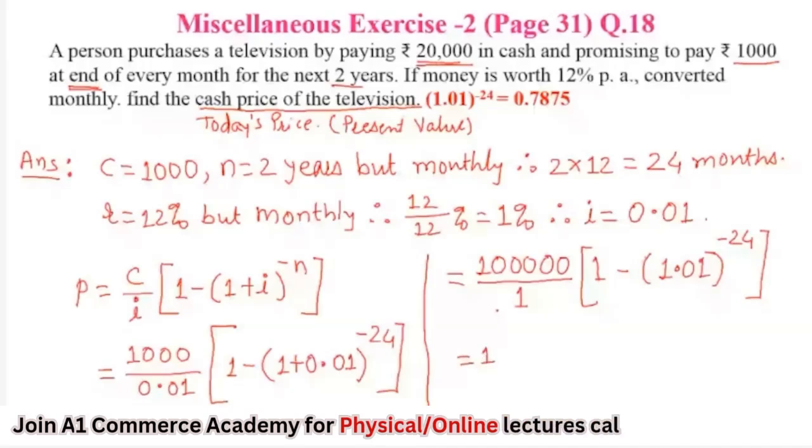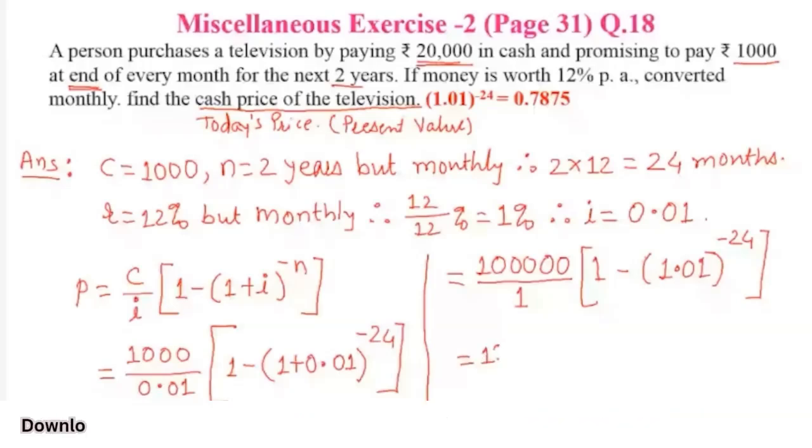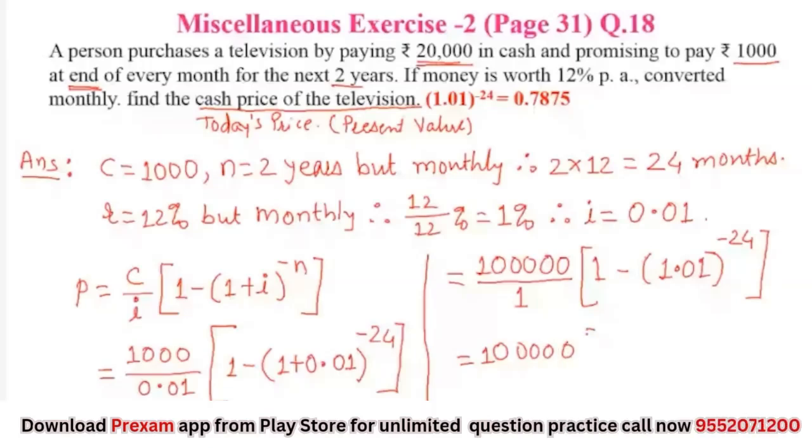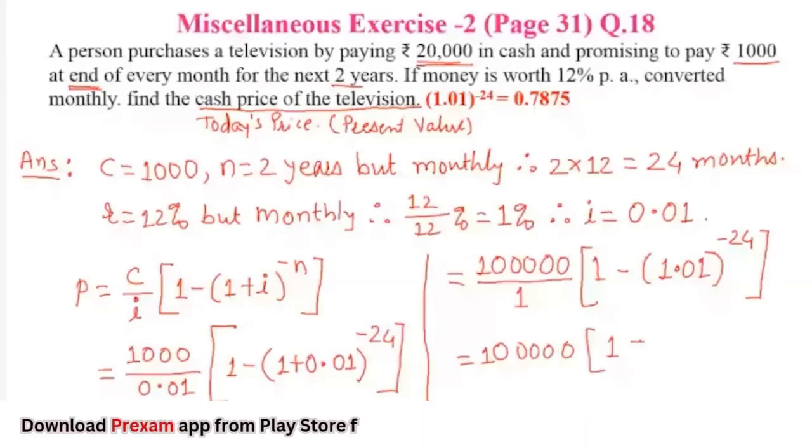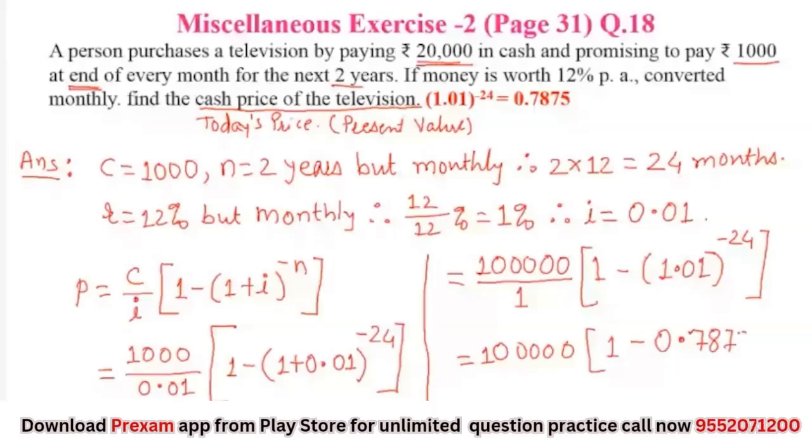That is equal to 1 lakh in square bracket 1 minus 1.01 raised to minus 24 is 0.7875.